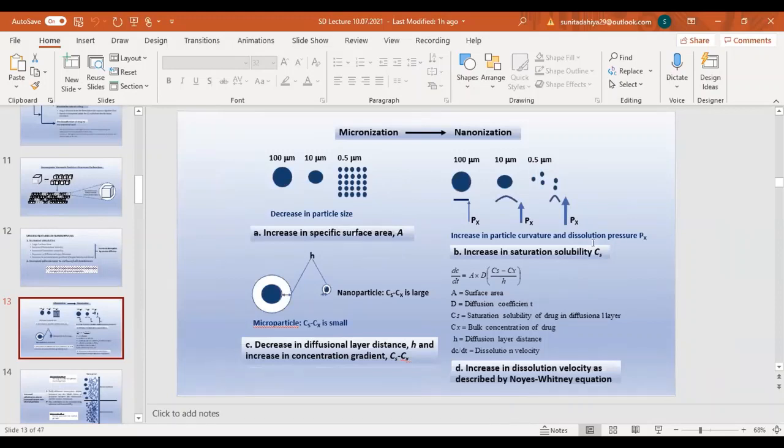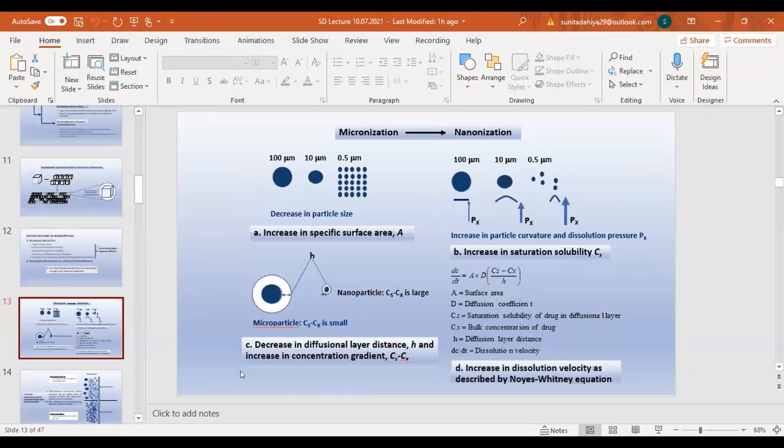Second, as the particle size decreases, you see in the diagram that a bigger particle has no particle curvature, whereas as you keep reducing the size, the curvature increases, which enhances the dissolution pressure. Because of this enhanced dissolution pressure, you will have increased saturation solubility.